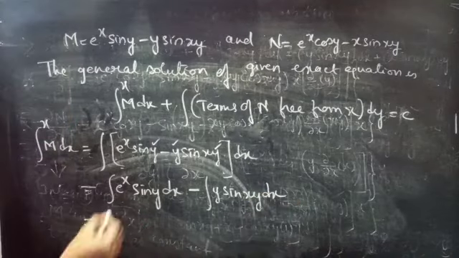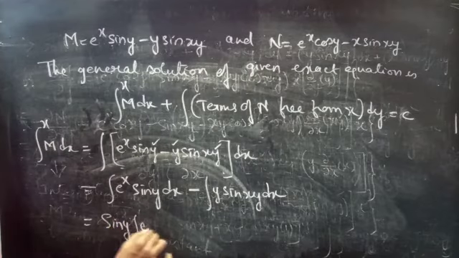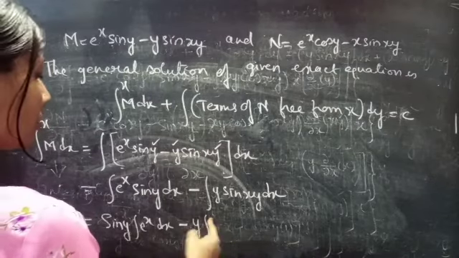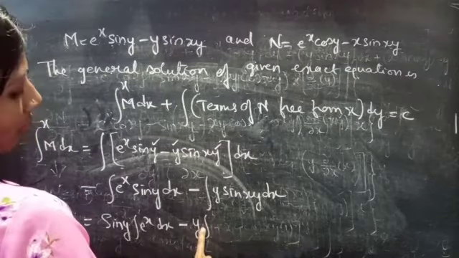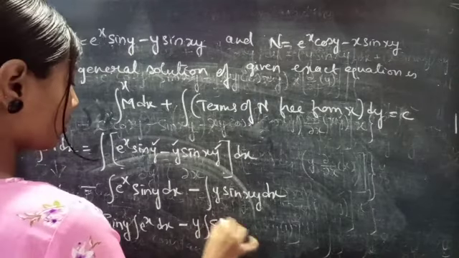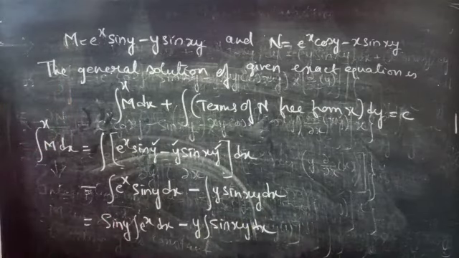Let's write the constant outside the integral. You can write this as sin y into the integral of e^x dx, minus, since y is constant, take it outside the integral: y integral of sin xy dx.